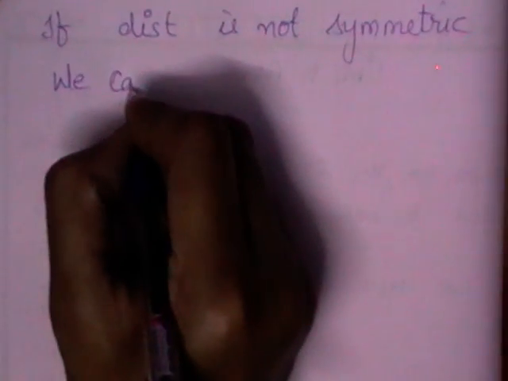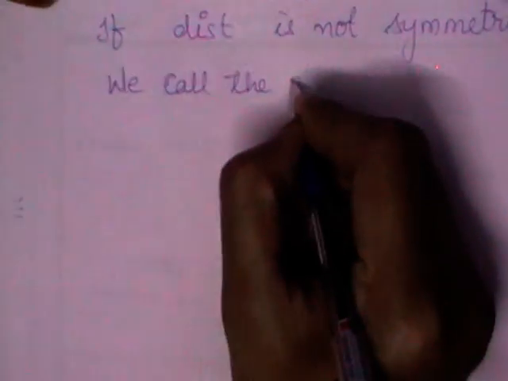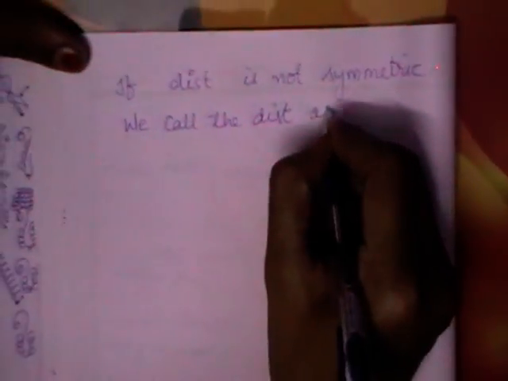So what is skewness? Skewness is nothing but lack of symmetry. A given distribution in general can be either symmetric or skewed. If the distribution given is not symmetric, we call the distribution skewed.